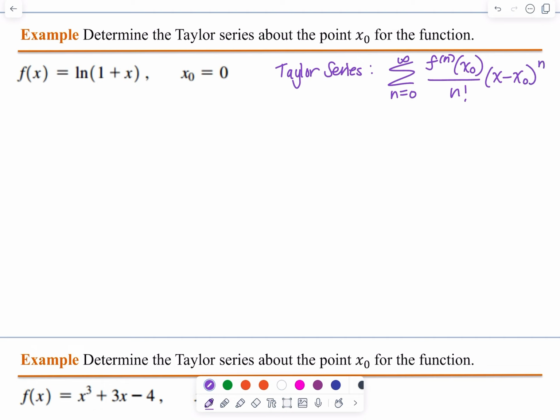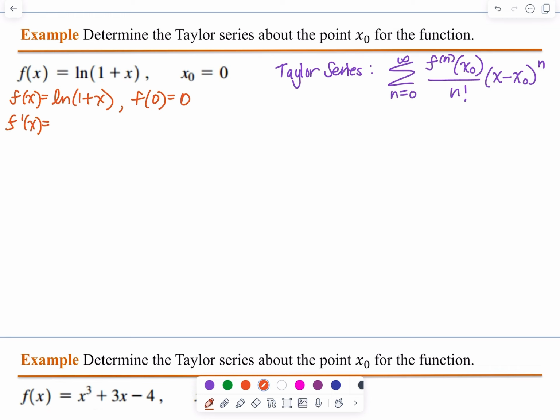So we need some derivatives. So let's just go ahead and take a few. We have f of x equals ln of 1 plus x, and f of x naught is going to be 0. The natural log of 1 is 0. Let's find our first derivative.